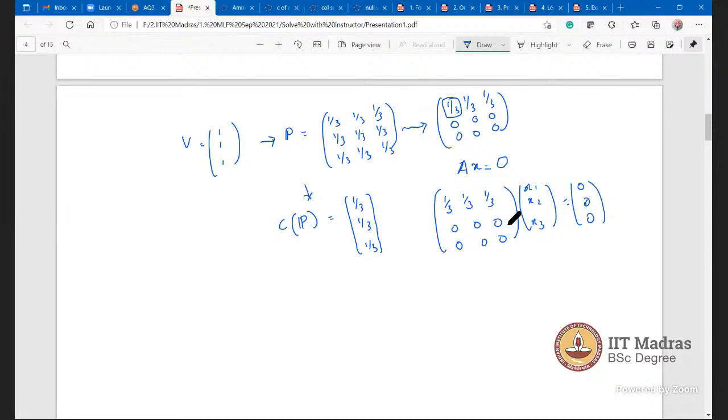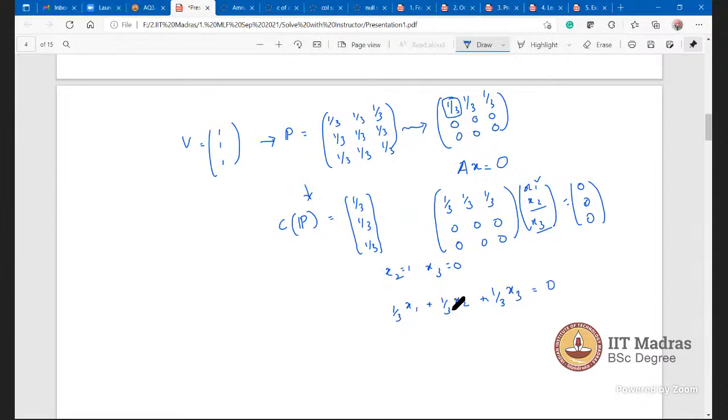Now we can identify our pivot entry here. This is our pivot variable x1, which makes x2 and x3 free variables. We can freely choose x2 and x3, so let us set them to our basis entries: x2 equal to 1 and x3 equal to 0. The first equation is 1/3 x1 plus 1/3 x2 plus 1/3 x3 equal to 0.